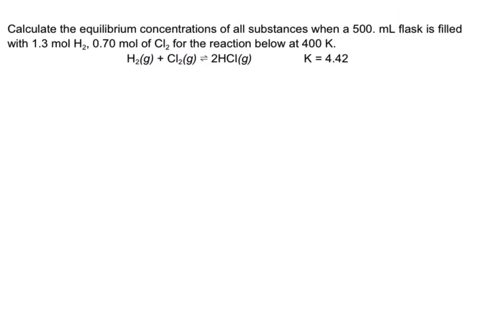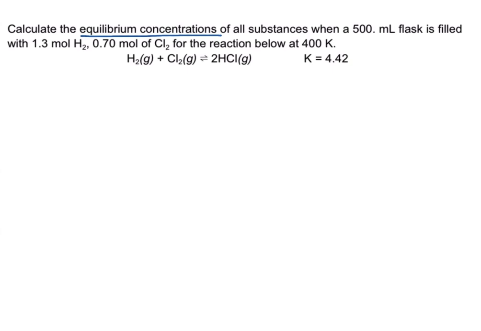Calculate the equilibrium concentrations of all substances when a 500 milliliter flask is filled with 1.3 moles of hydrogen and 0.7 moles of chlorine for the reaction below. So, when it says to calculate the equilibrium concentrations, this is a big hint that we need to use something called an ice table. So let's get started.